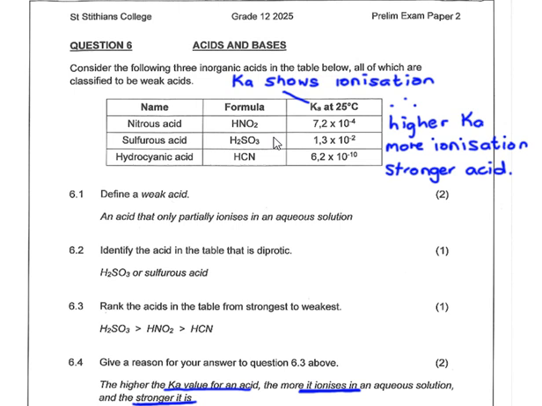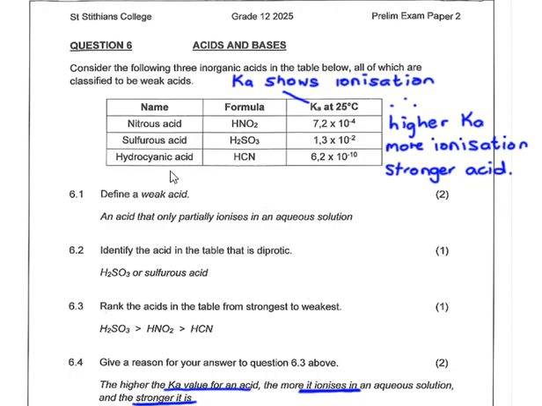Because all the Ka values are different, it shows different ionization in water. The sulfurous acid is only times 10 to the minus 2, so that one is a bigger Ka value than nitrous acid.